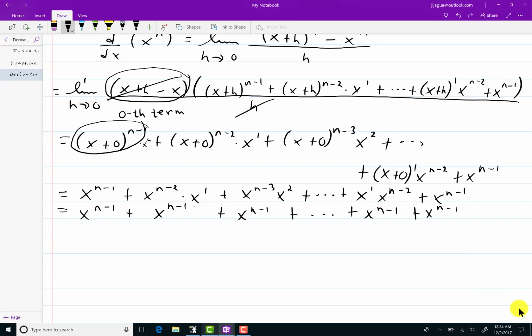So how many of those are there all together? 0 plus 1 plus 2, all the way up to n minus 1. So n minus 1 plus this extra term here makes n of them. So underneath, we have n terms. Since there's n of them, this equals n x to the n minus 1.